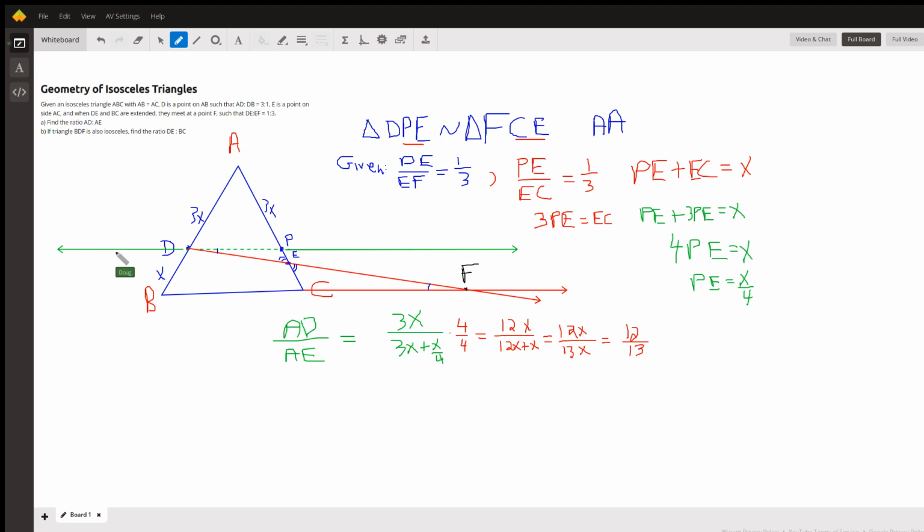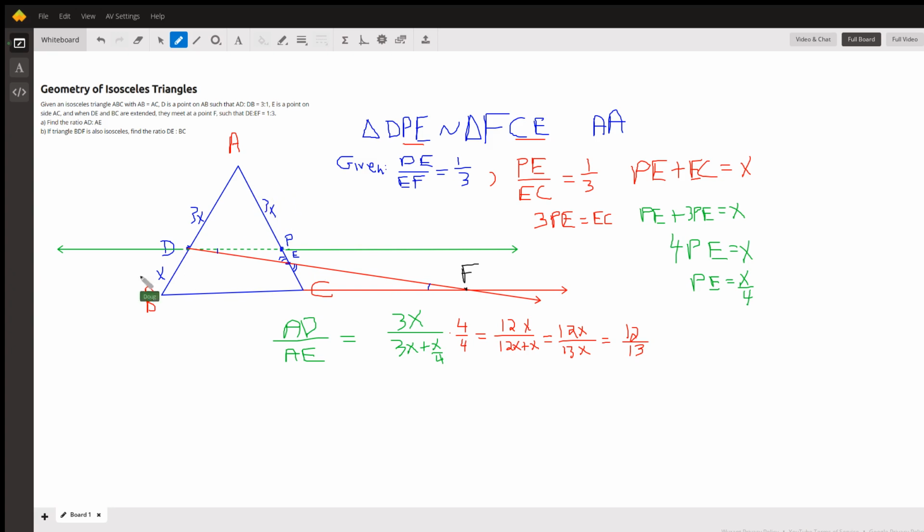I drew this horizontal dotted green line extended to show that this line parallel to the base divides the sides of the triangle into the ratio of 3 to 1. Okay, and now if you extend ray DE or side DE this way and side BC, you could do it the other way too.